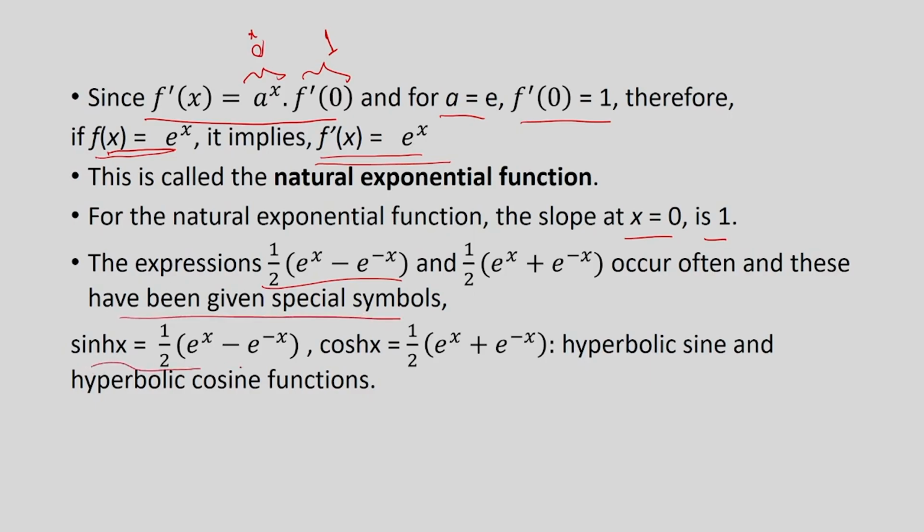These symbols are given as this: sinh x, this is called the hyperbolic sine function, and this is equal to half of e to the power x minus e to the power minus x, and cosh x, the hyperbolic cosine, which is equal to half of e to the power x plus e to the power minus x. So, these sine and cosine functions are actually functions of natural exponential functions.